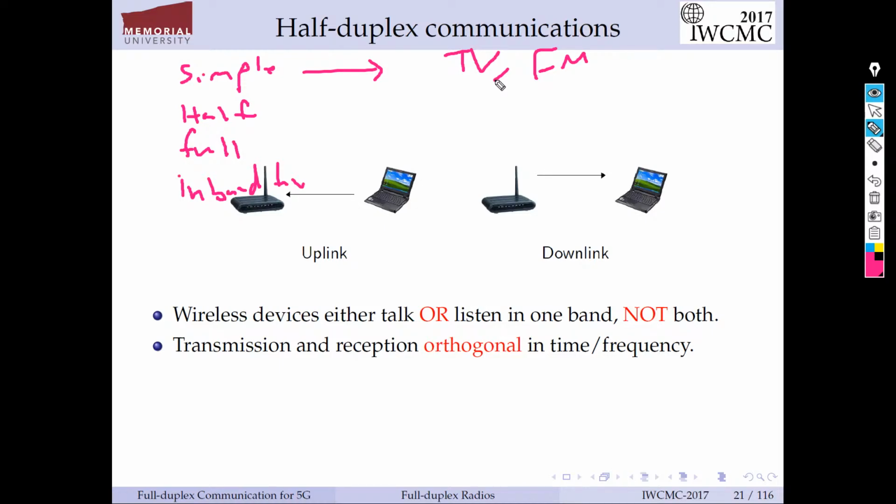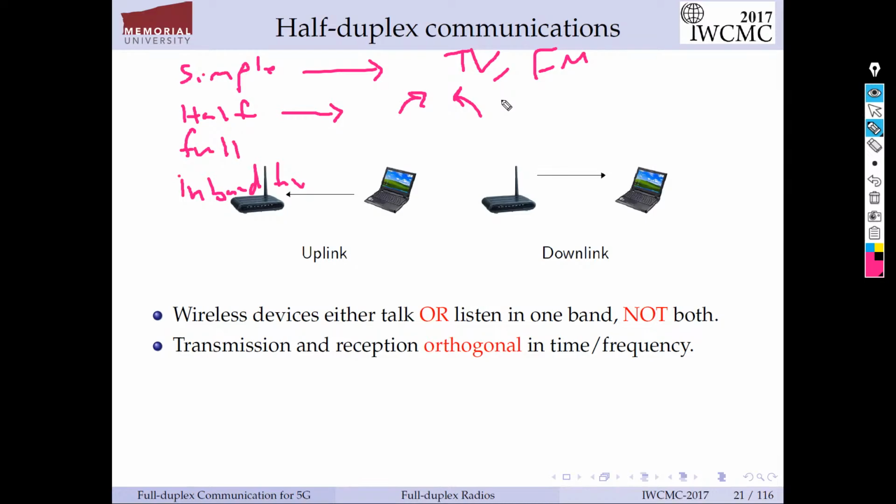Half duplex communication is for the case when you can transmit and receive, but at different times, or basically you need to wait before you talk.